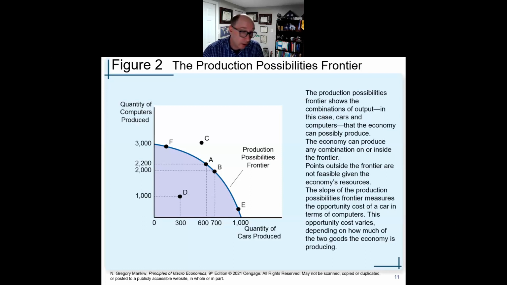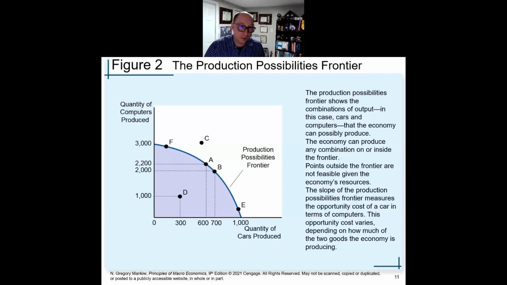Point C is unattainable. They can't do it. Why? Because it's outside the production possibilities frontier line. It's impossible for the company to produce both 3,000 computers and 600 cars because they don't have that capacity. Point D, they could easily produce 1,000 computers and only 300 cars and still have a lot more room to go.